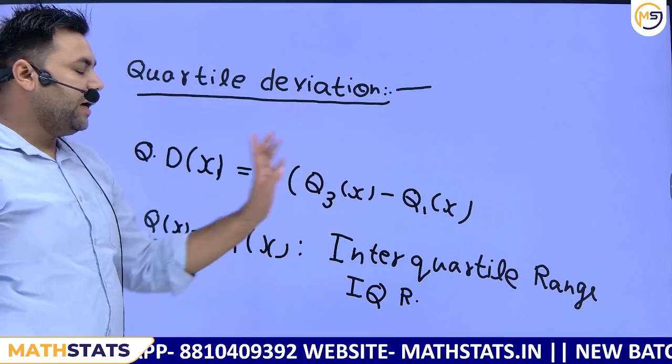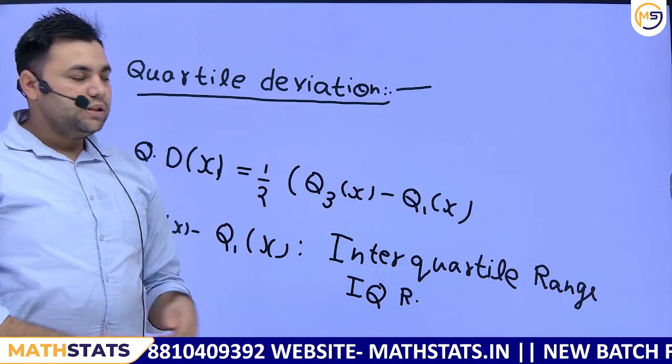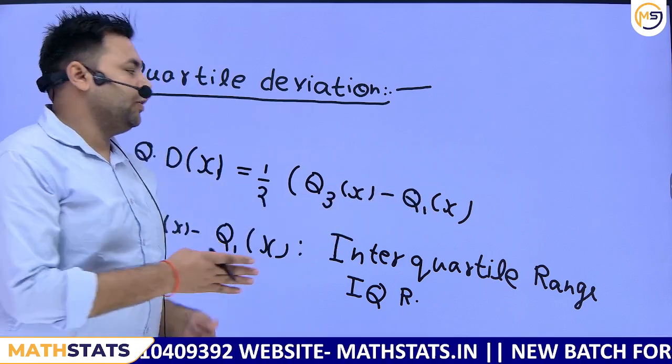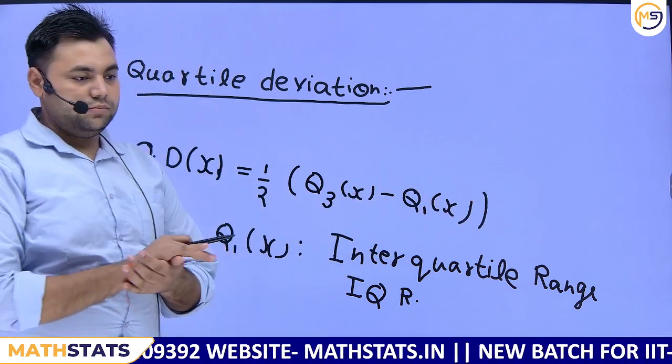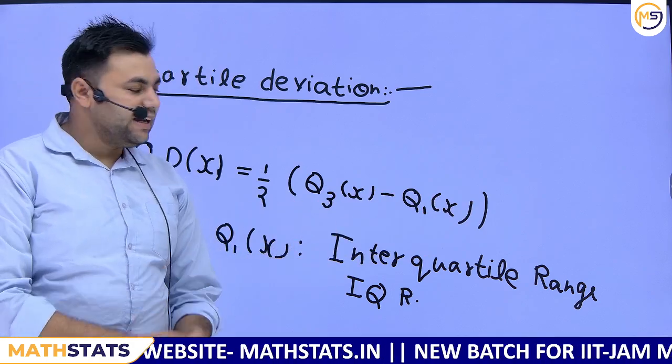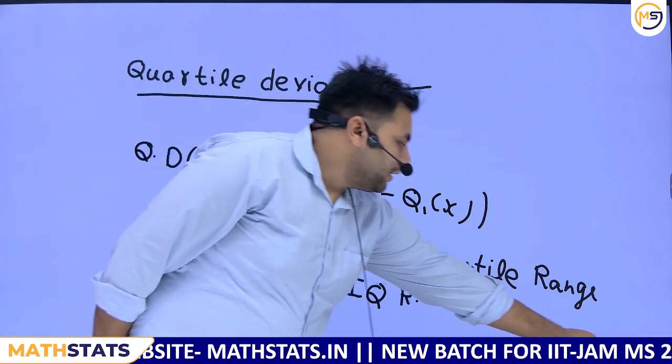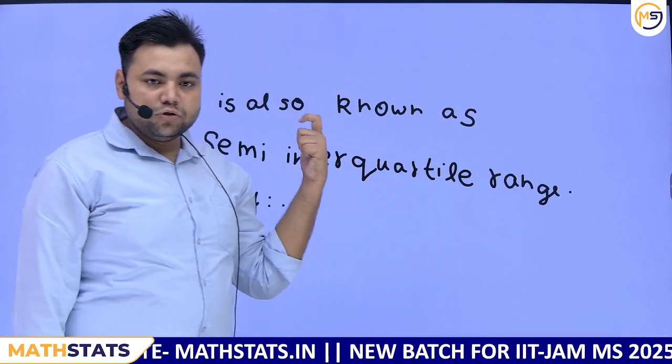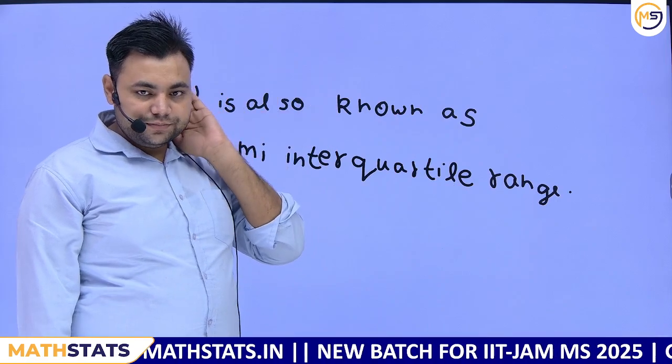If anyone has any doubt in this formula, you can ask. This is the third quartile, this is the first quartile. Okay, and the difference of Q3 minus Q1 is called the interquartile range or IQR, and quartile deviation is also known as the semi-interquartile range.